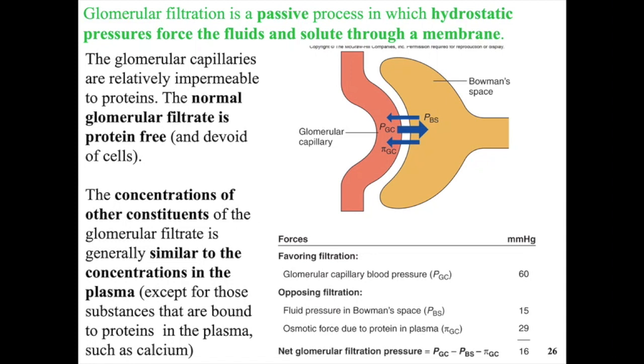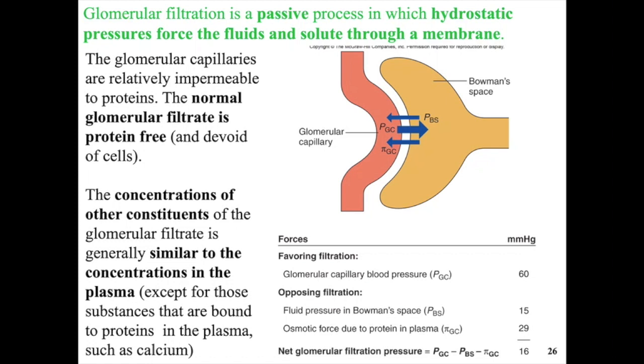So all those four forces apply to filtration, but the Bowman's capsule is basically a capsule that we can consider does not have anything there to begin with, so there's no colloid osmotic pressure there.